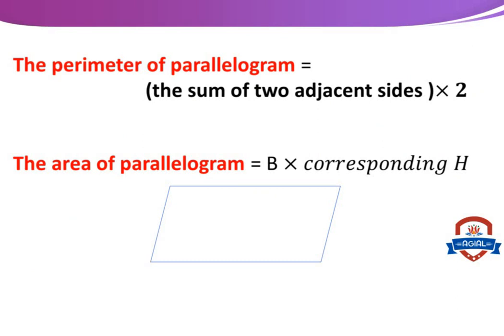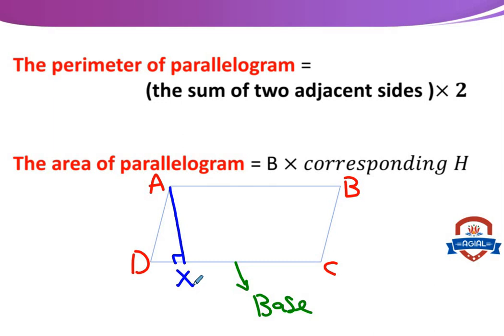The perimeter of parallelogram. What is the meaning of perimeter of any shape? The sum of all lengths. The perimeter of parallelogram is the sum of two adjacent sides times 2. The area of parallelogram equals base by corresponding height. ABCD is parallelogram. If I consider BC is base, then what is the corresponding height?